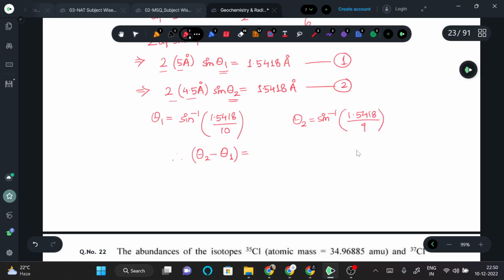This Bragg's law question can even come in IIT-JAM, so it is quite probable there. They have asked this many times in IIT-JAM. Just let me calculate this.